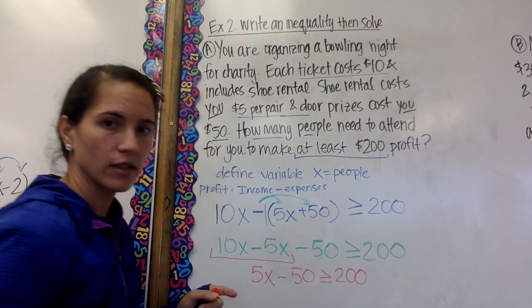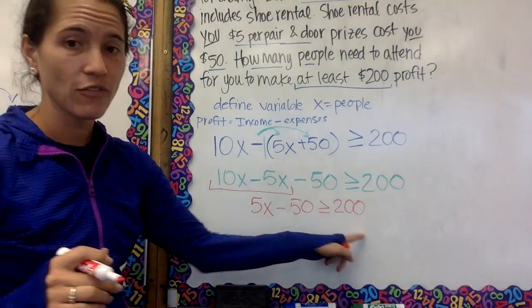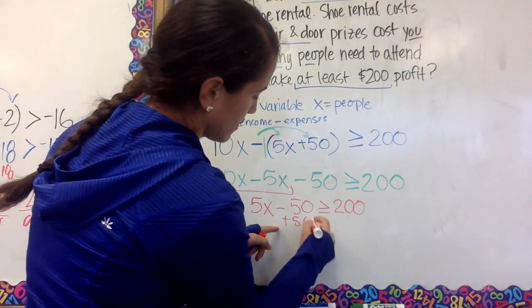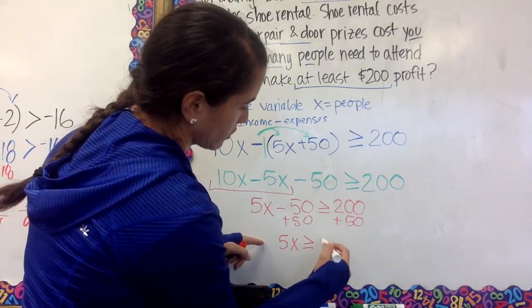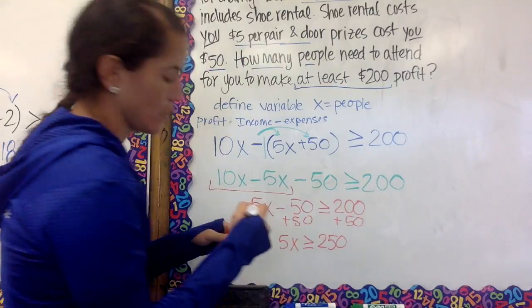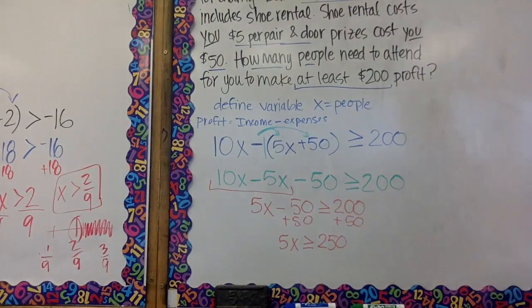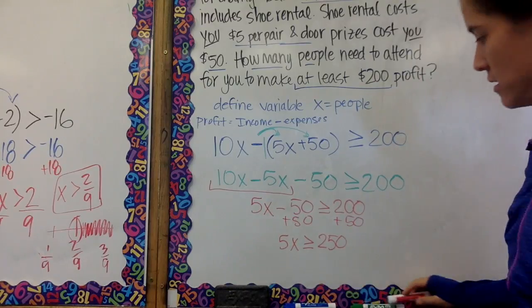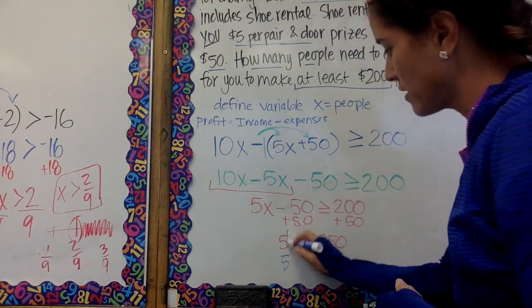I'm going to have to go down a little bit. I need to add 50 to both sides. So 5x is greater than or equal to 250. And then my last step is I'm going to divide both sides by 5. And when you divide both sides by 5, I'm not dividing by a negative.